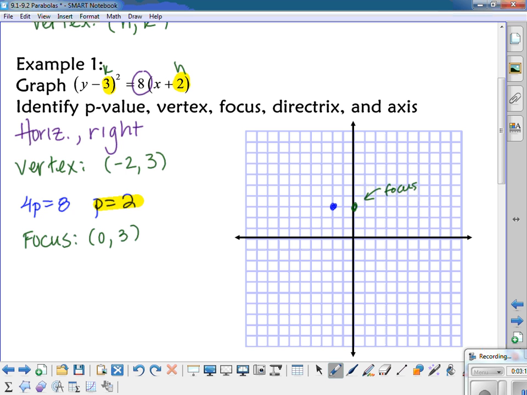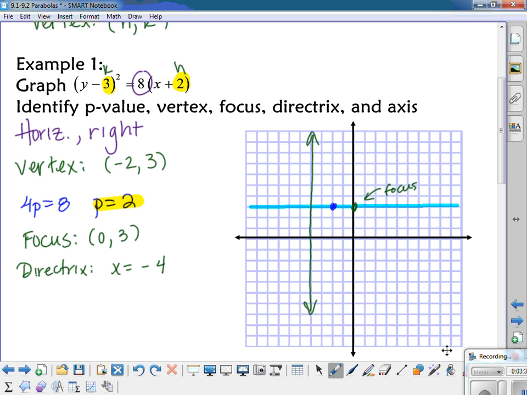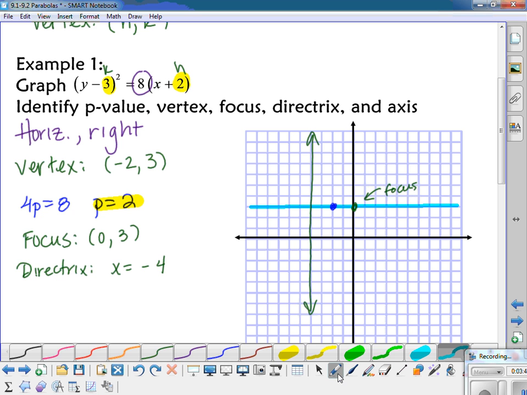And then I'm going to go the opposite direction for my directrix. I go backwards 2, and I draw a vertical line for my directrix. And that's the line x equals -4. And your axis of symmetry goes through the focus and the vertex.